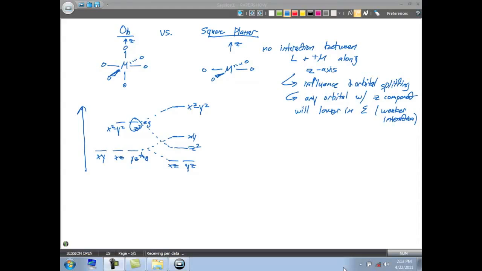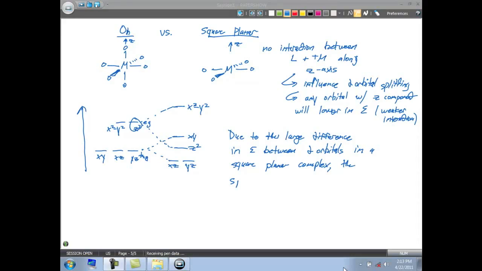And this really isn't drawn to the best scale, but due to the large difference in energy between d orbitals in a square planar complex, the square planar always gives low spin.